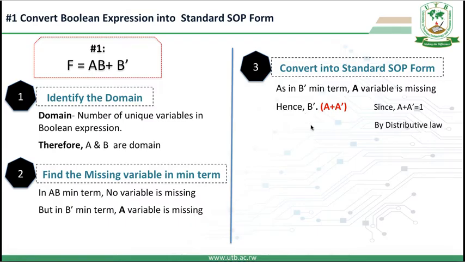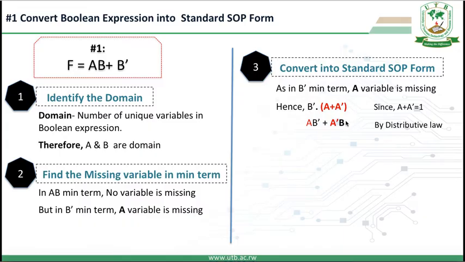Next, what is the next step? After applying the A plus A complement, we will use the distributive law. When you apply the distributive law, you multiply B complement, so we are writing in the order A B complement. Then we multiply with A complement, so we are writing A complement B complement. I'm sorry, it should be the B complement, my dear students.